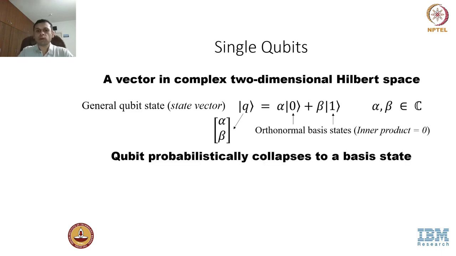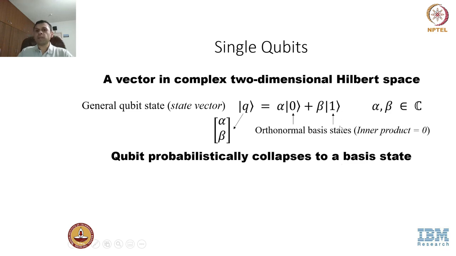Now, our qubits or our quantum states, though generally they can be described as a linear combination of basis states, or in other words, as a superposition of a 0 and a 1, when we actually look at those qubits, they probabilistically collapse to either of those two basis states.